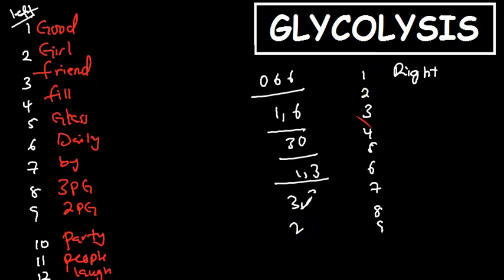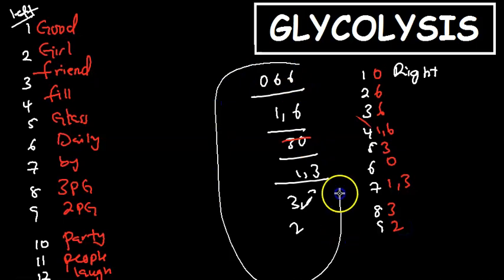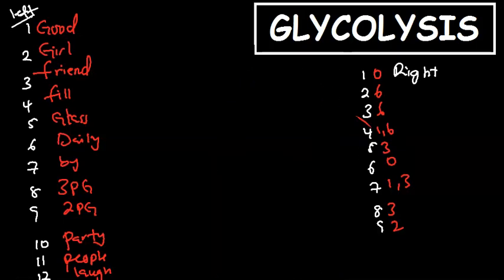The first one is simply going to be 0, next is 6, 6, 1, 6, 3, 0, which is this, 30, and next we have 1, 3. Sorry, it's not 1, 3. If we have a comma, we're not going to separate it. Here is going to be 1, 3, here is going to be 3, and here is going to be 2. So whatever you're doing, just make sure that you have 9 different places.